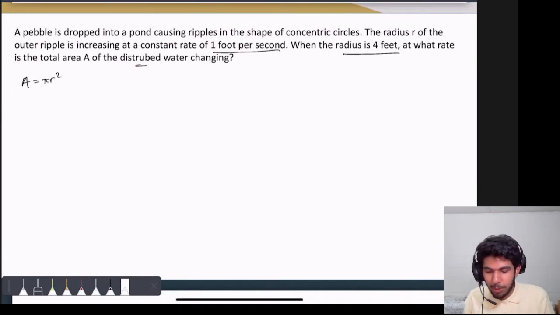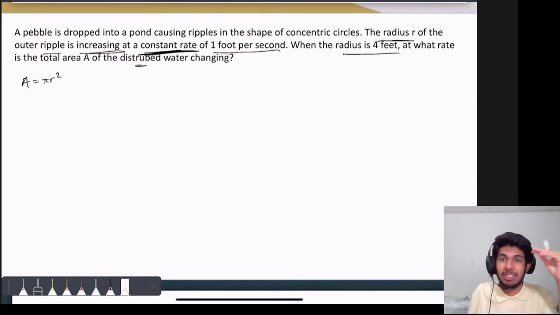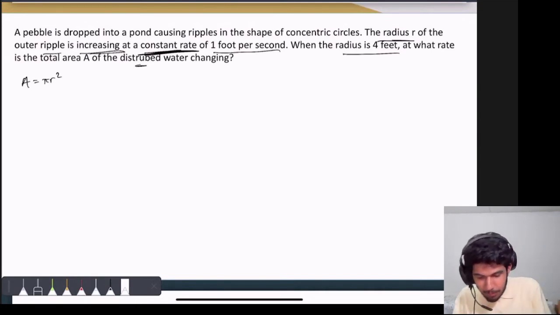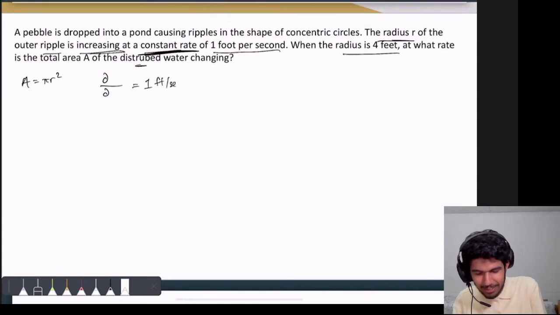The radius of the outer ripple is increasing at a constant rate of 1 foot per second. So something is changing with a certain rate that's given to us. And what do we know about rates? Well, derivatives are a measure of rates. So the derivative of something equals 1 foot per second, right?